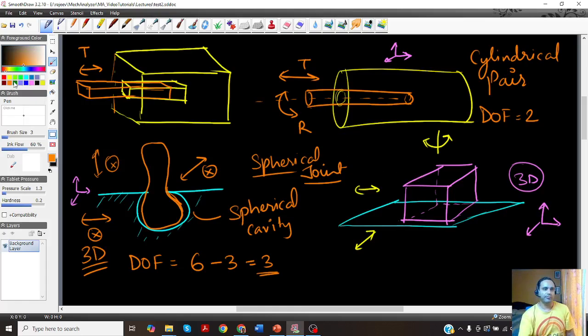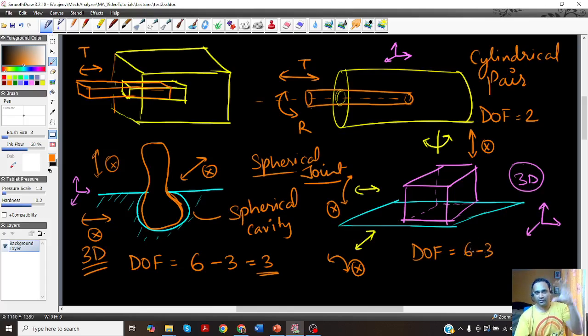What is not possible: I can't rotate here, this is not possible. I can't rotate here, that is also not possible. What else is not possible? I can't translate vertically, I can't lift it. So the degree of freedom in this case is 6 minus 3. 6 was the total, 3 restrictions, so that means 3 are allowed.